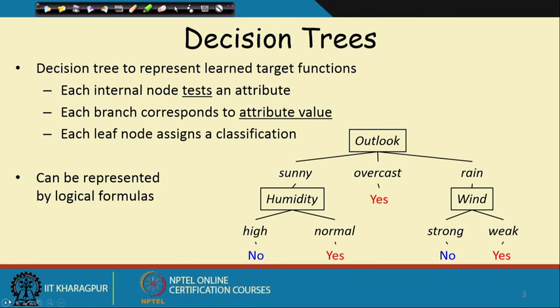So, how does it do it? First, it checks the value of one attribute, which is the root of the tree, the root node of the tree.